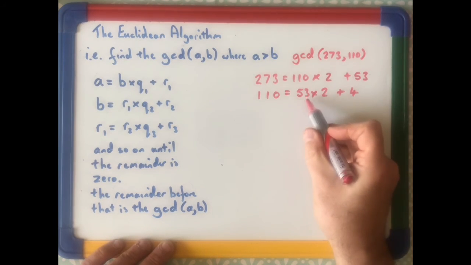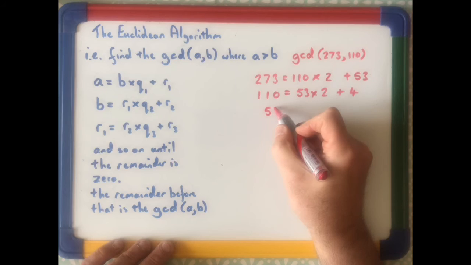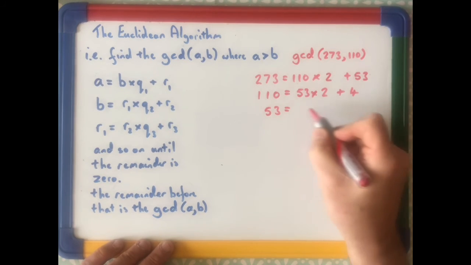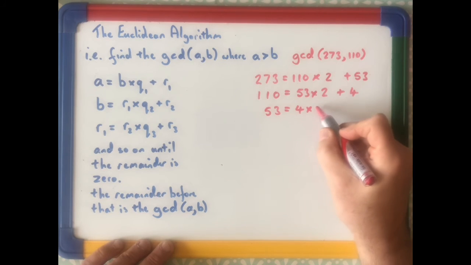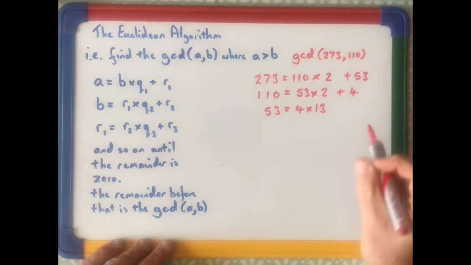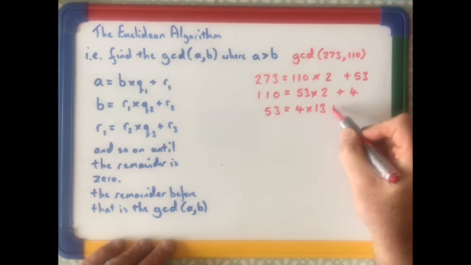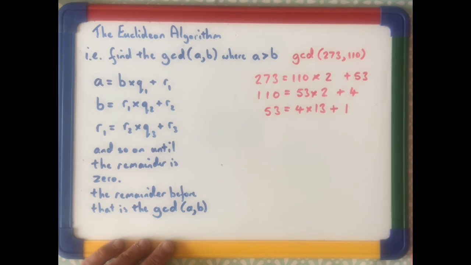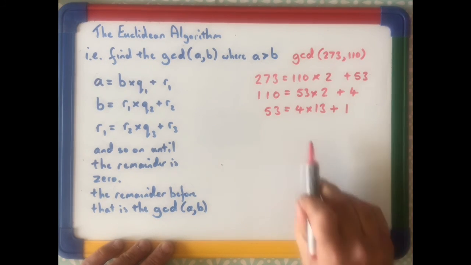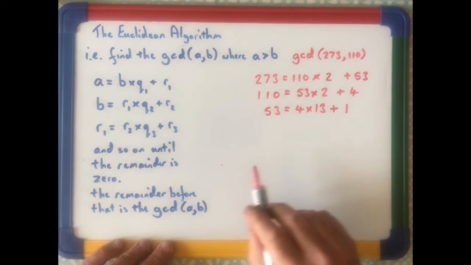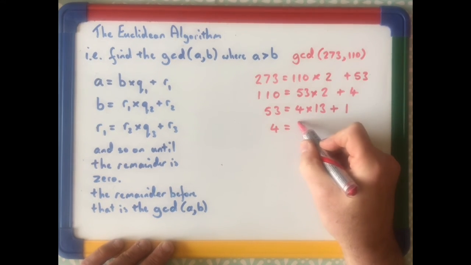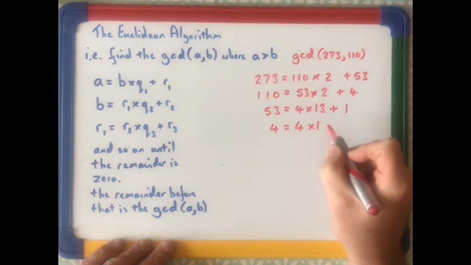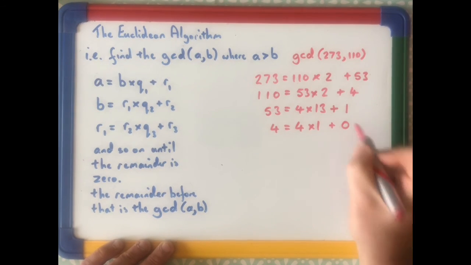Okay, for the next one, 53 is equal to 4 times, well, 13 would make it 52, plus 1 to take it up to 53. Lastly, with this one, if you look at it, 4 equals 4 times 1 plus nothing.